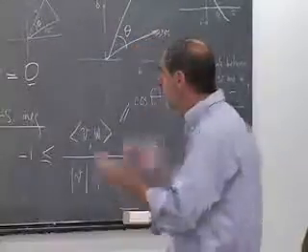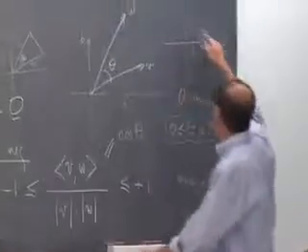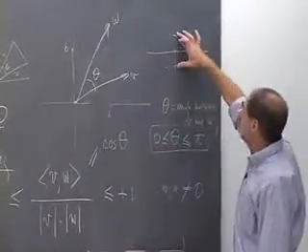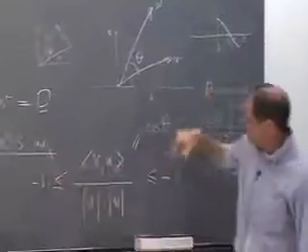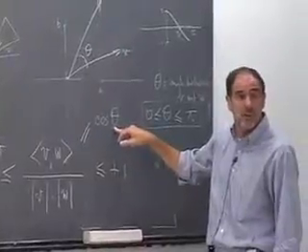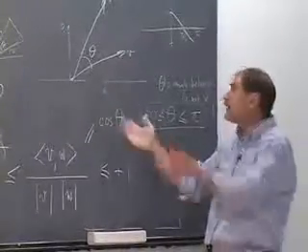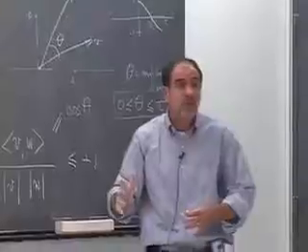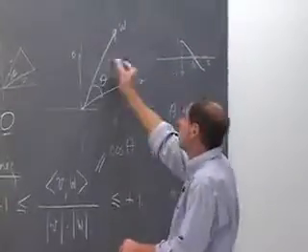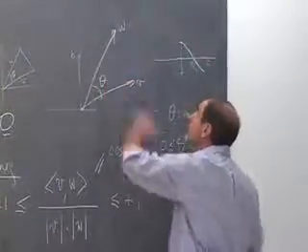But once I have the cosine function, and I know it gives a bijection between this interval and this interval, a number in this interval is uniquely of the form cosine theta. That's what I call the angle between two vectors. And then the law of cosines says that in 2 space, it works out to be the right angle.